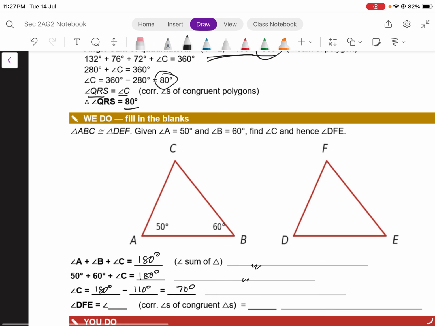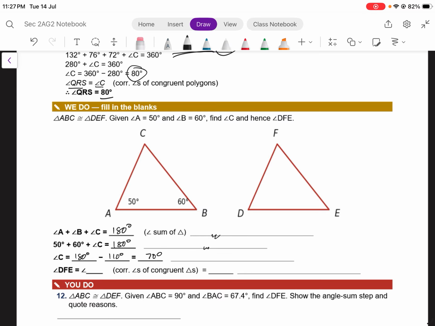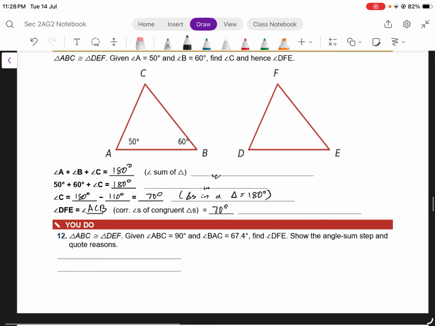Alright, so this one, angles in a triangle equal 180 degrees. Okay, so DEF, ABC is now E. Angle DFE will be ACB, which equals 70 degrees, corresponding angles of congruent triangles.